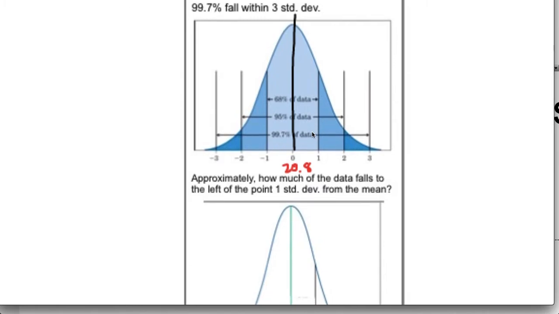So if this whole range is 68%, then this part of that range, from the black line to the green line, represents half of 68, so 34% of the data falls above the mean up to 1 standard deviation.